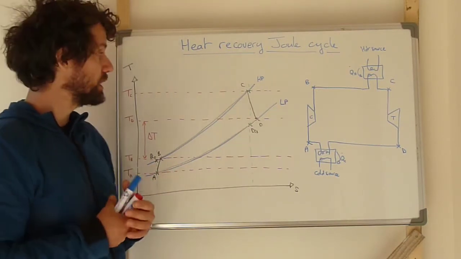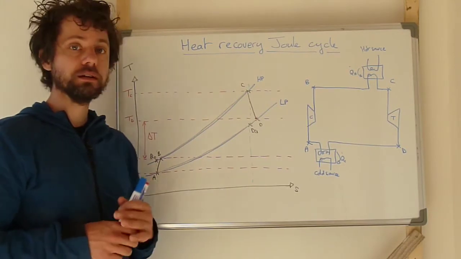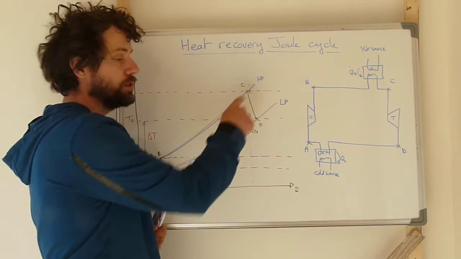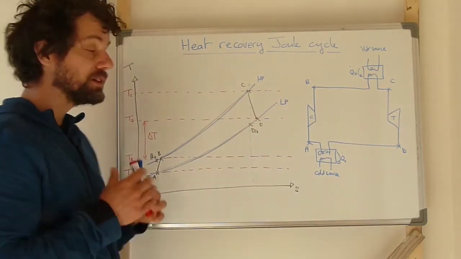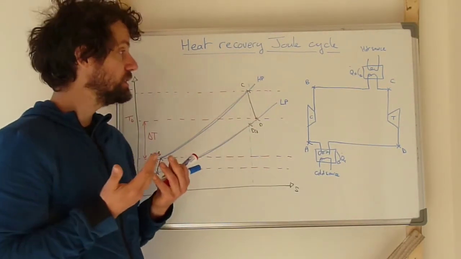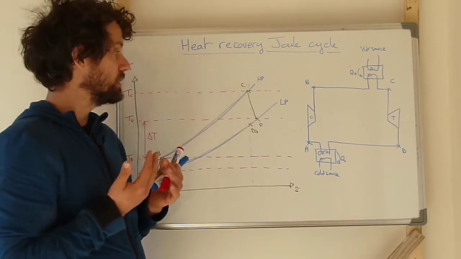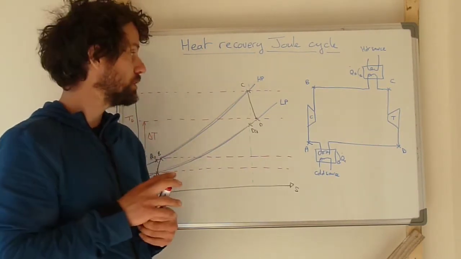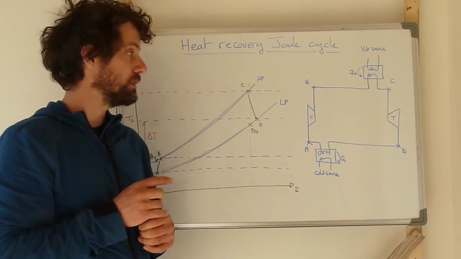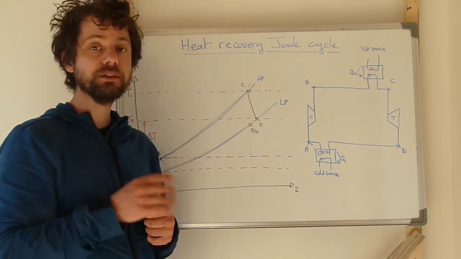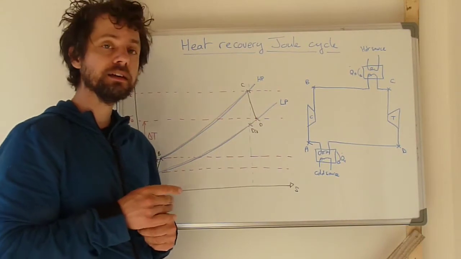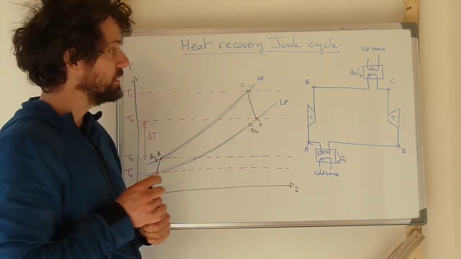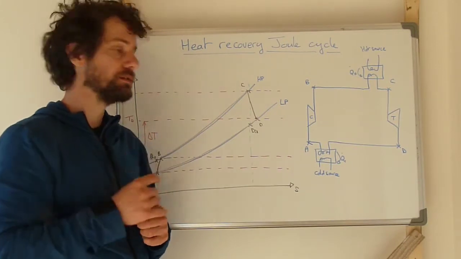That's something else we can do. We can try to also increase the temperature of point C, so the maximum temperature that can be admitted to the turbine. This can be done by improving the material of the first stages of turbine, for example by cooling it actively, or by adding ceramic material onto the blades of these first stages of turbine.